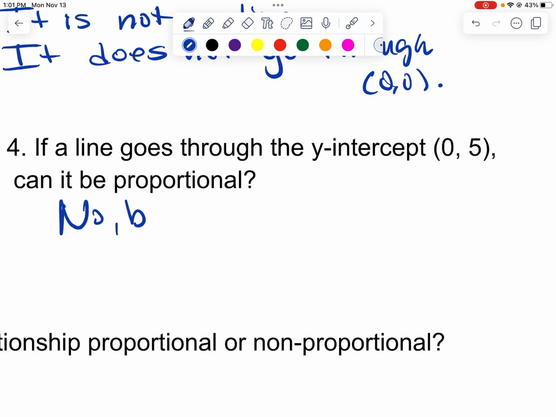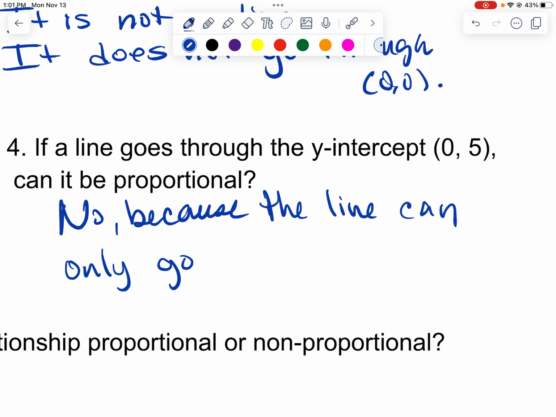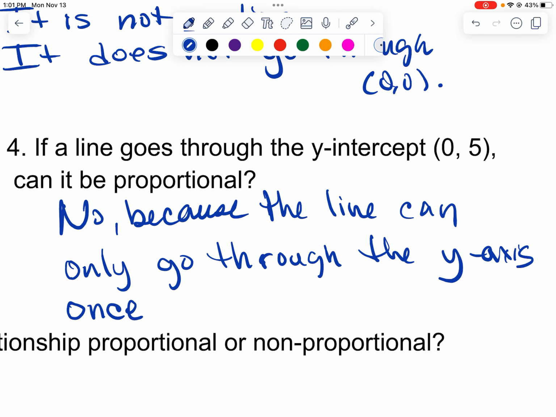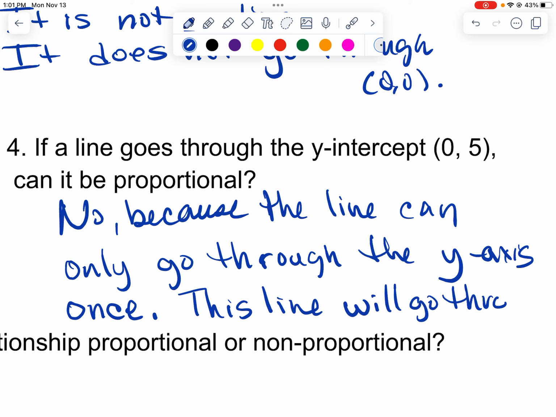No. Because the line can only go through the y-axis once. This line will not go through 0, 0.